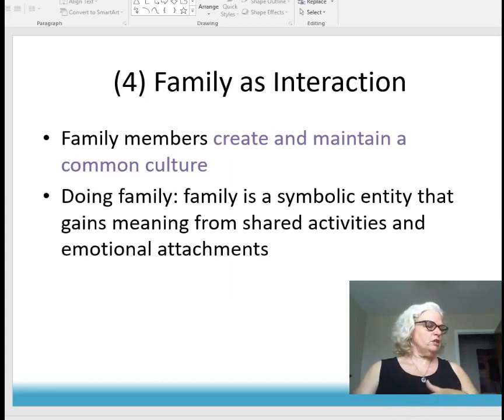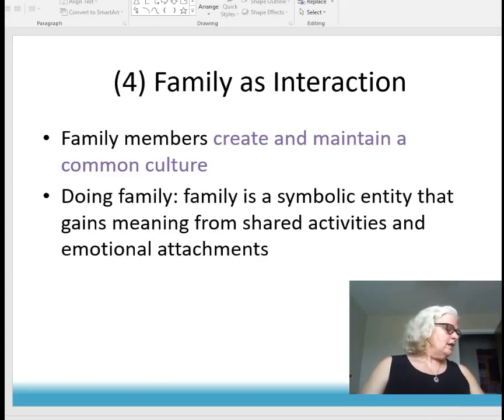We have those shared attachments, those shared activities, and emotionally are attached to each other. And so in general, as we see doing family, this interactionist approach argues that families are best understood by our patterns, by the activities we do.